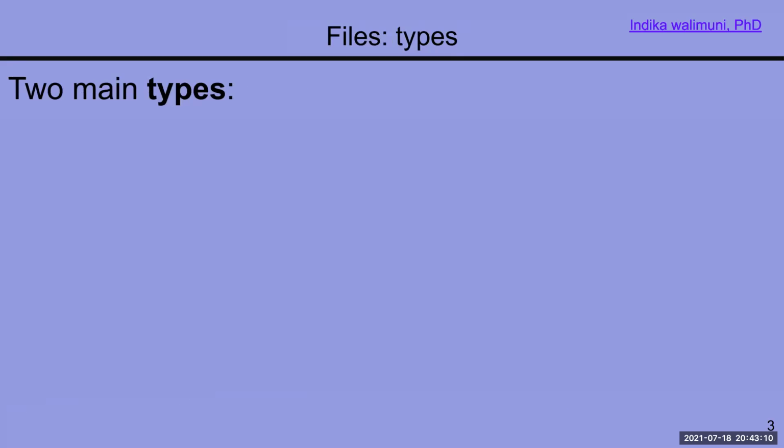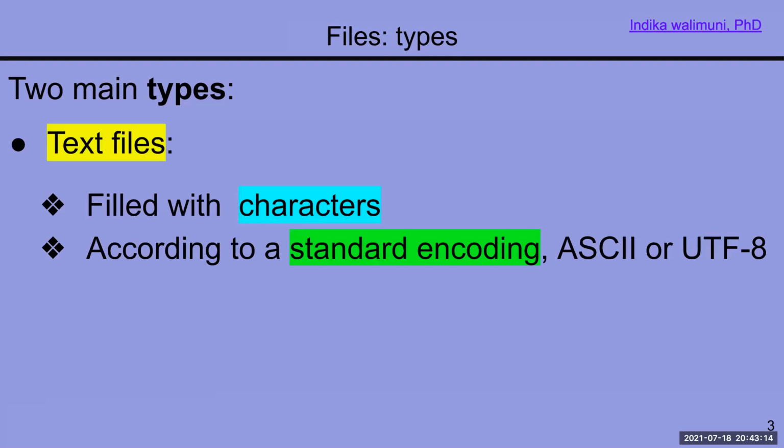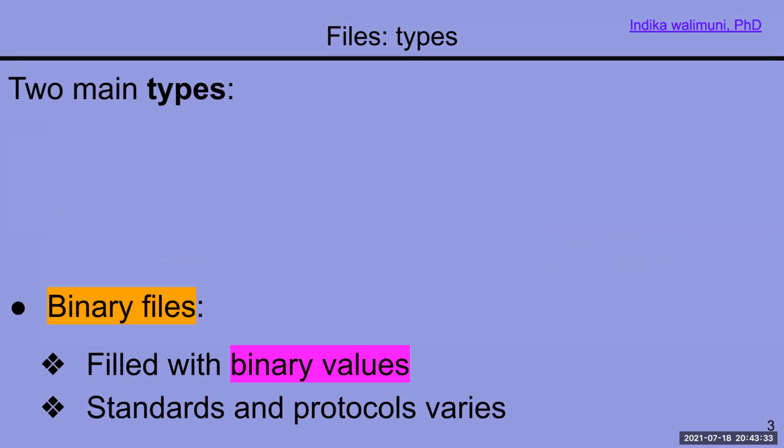There are two main types of files. One is text files, which are filled with characters like strings, so there should be an encoding, usually ASCII or UTF-8, the Unicode standard. The other is binary files, which are filled with binary values like zeros and ones.